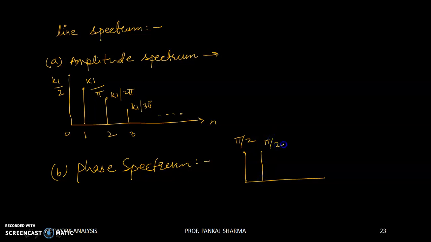It is at the origin. It is at n is equal to 1. This is on n. This is 2. This is 3, and so on. This one is also pi by 2. This one is also pi by 2.